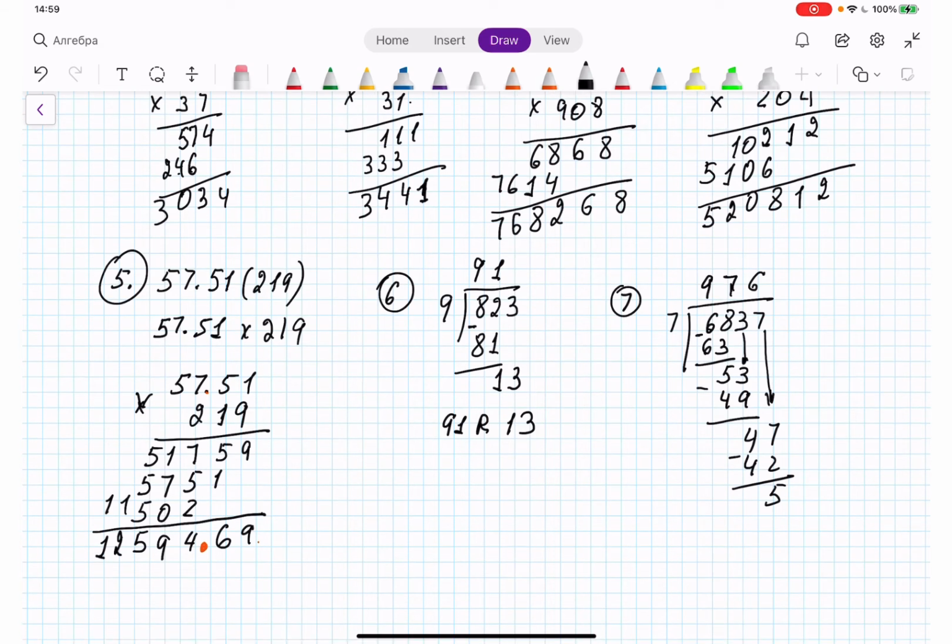Let me change the color for this one. So we are getting 976, remainder 5. This is your remainder and this is your whole number.